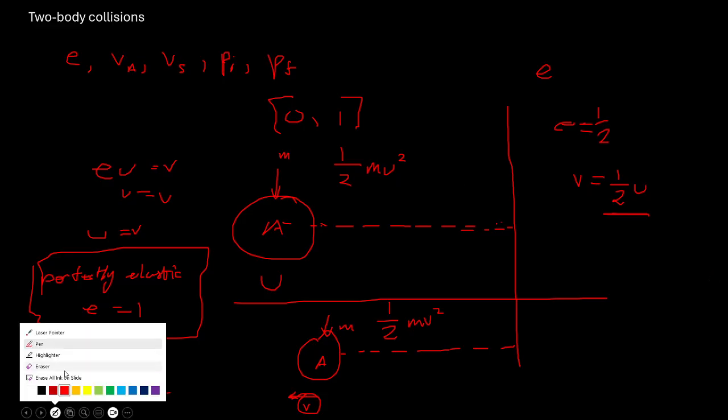Now that obviously could be raising doubts. For example, if you have a wall like this, and you have A moving at speed u at angle theta, what's going to get affected over here? Because u has a u sin theta component here, and u also has a u cos theta component this way.